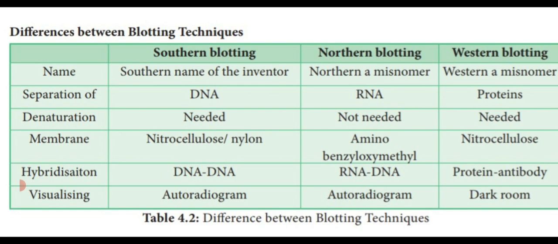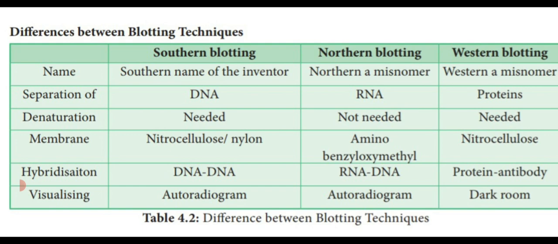Next, we are going to see important 3-mark and 5-mark questions, and also a very important question: the difference between blotting techniques. The points are name of the blotting, separation, denaturation, membrane, hybridization and visualizing.